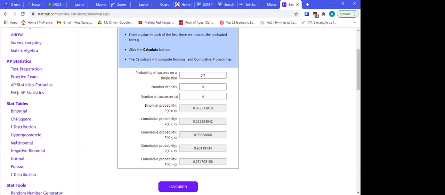So 9 is the minimum number of trials for us to be 95% sure that at least 4 of them are going to germinate. There are many situations in which we might be thinking about this. For example, when you go to the store and buy eggs, you are not sure that all the eggs are good.